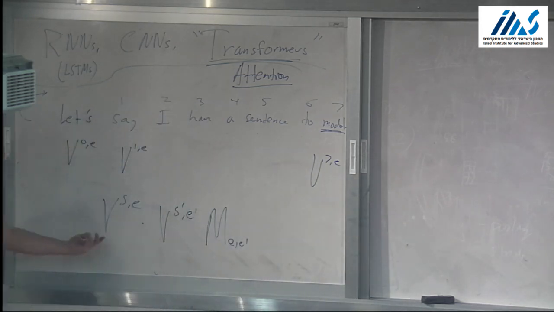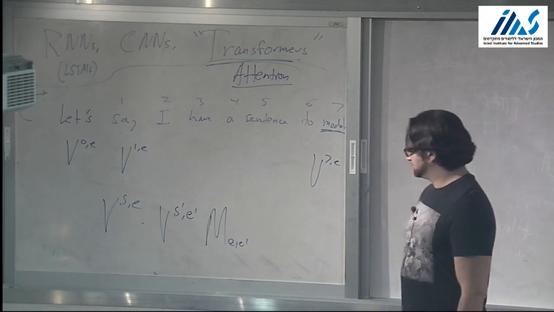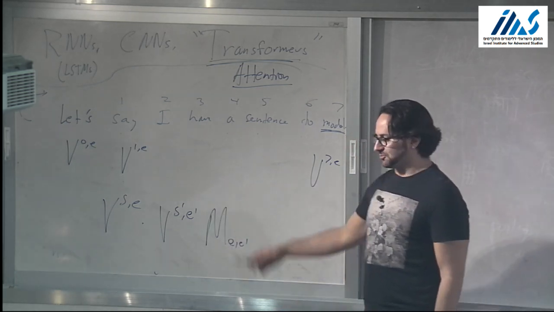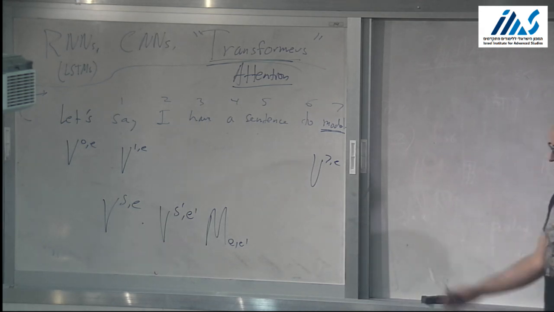And now it contracts together these, and I'm left with only the S and S prime index, and I can do something like that. So if you follow your nose this way, you can write down some simple functions, and one of them will be what the transformer is.